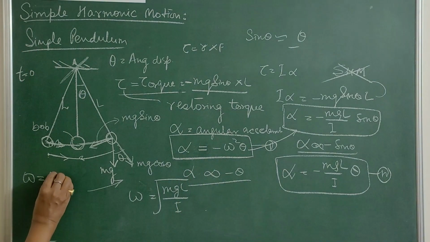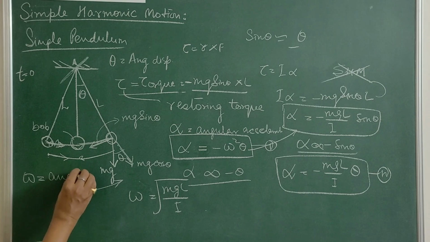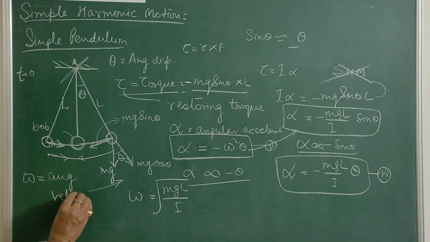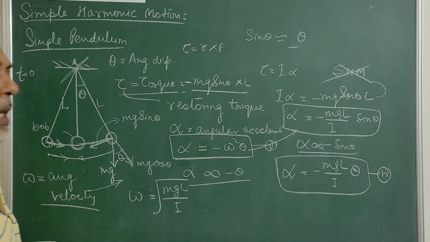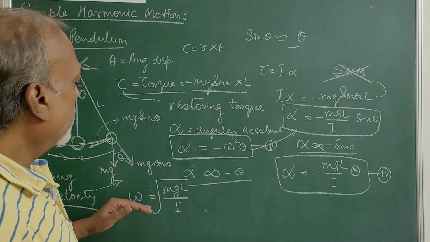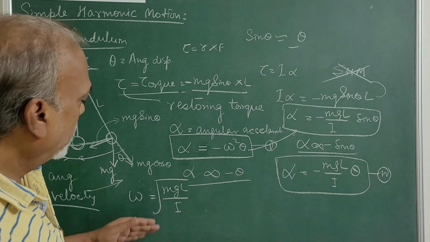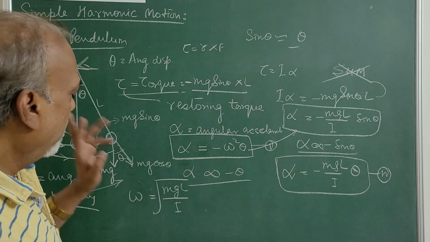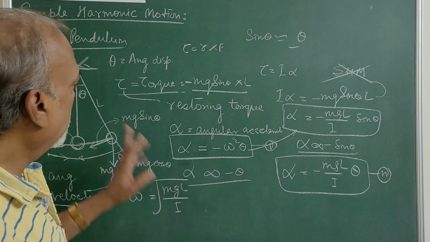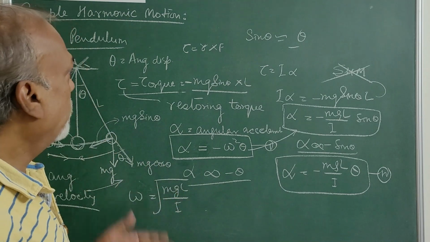Omega is nothing but angular velocity. This we have seen in our last lectures. So this is omega. And what about here? If you see, m is given, g is okay, L is also the length. What about I, the moment of inertia?